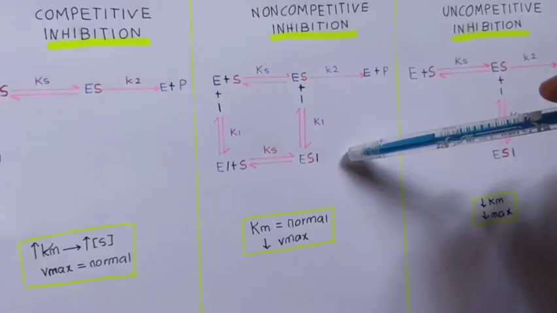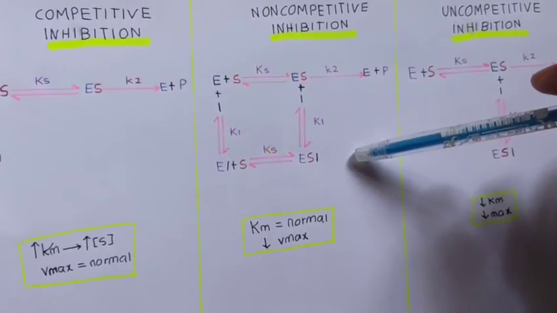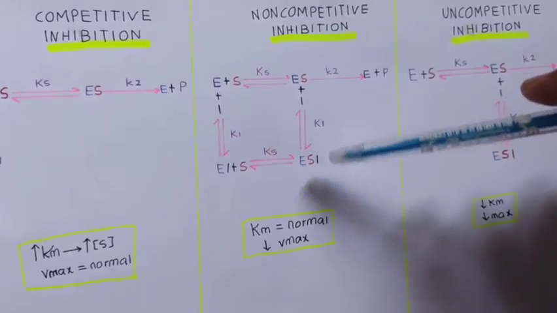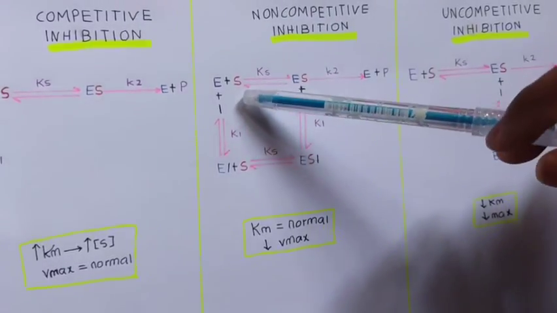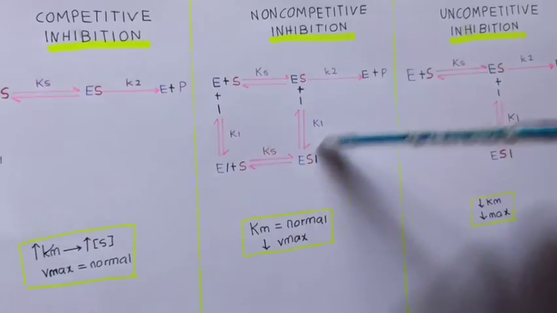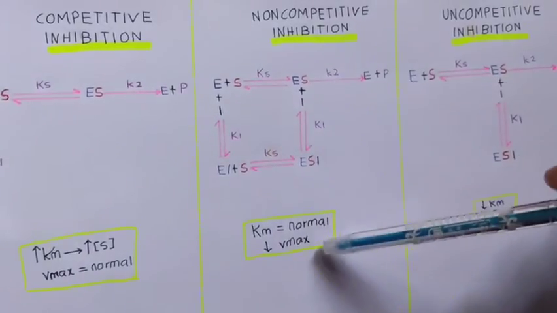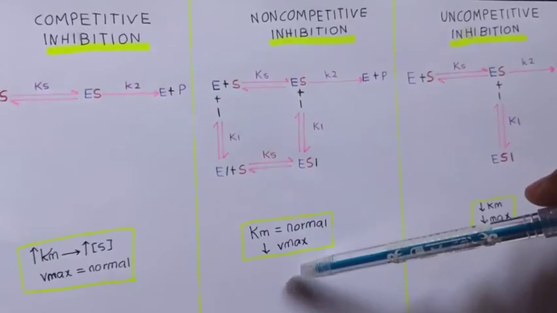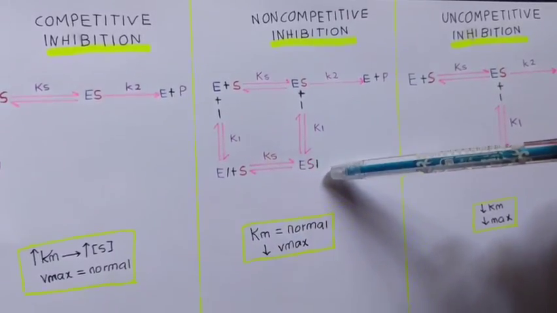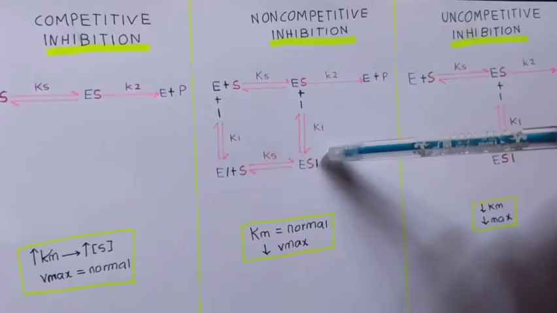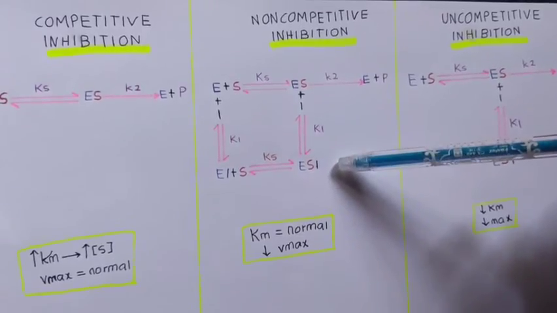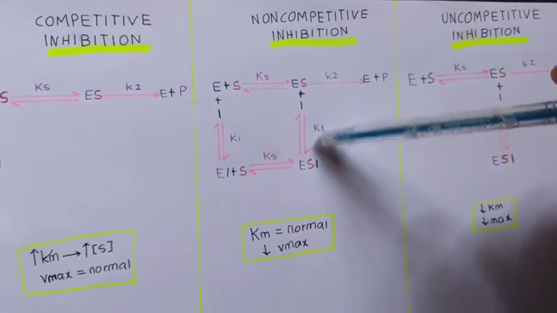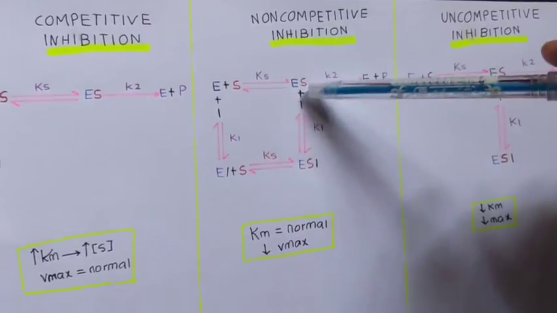So in this non-competitive inhibition, the Km is normal, or remains unchanged, because we are not increasing the substrate concentration in this process. But the maximum velocity, Vmax, is decreased, because when the enzyme-substrate-inhibitor complex is formed, not all of this complex is transferred into the enzyme-substrate complex to make product.